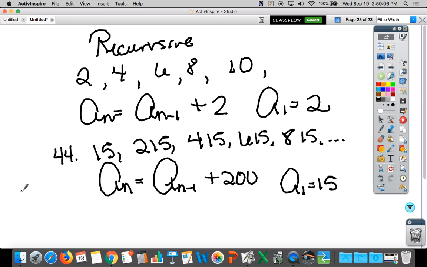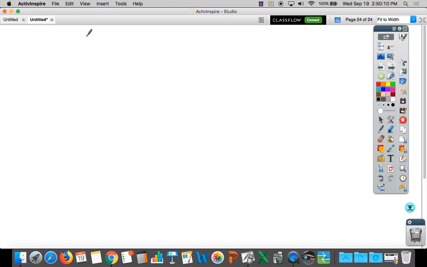Now, the book in Cambridge uses something that's similar to recursive called inductive. So get out your P1 books and turn to page 1, I think it's page 115. Yeah, page 115.